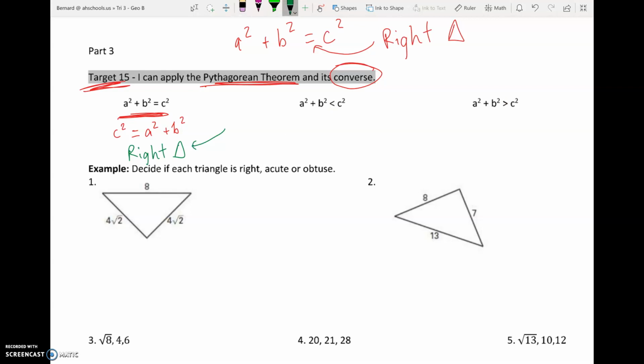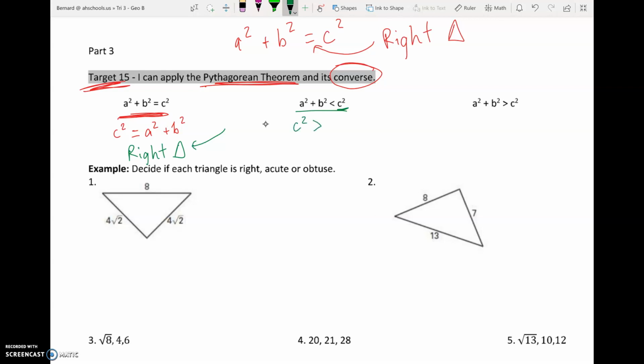And so let's talk about these other ones here. And I want to write these other ones in reverse as well. So right now you see a squared plus b squared is less than c squared. So if we read that backwards, it's going to be c squared is greater than a squared plus b squared. So I'm going to write that down too.